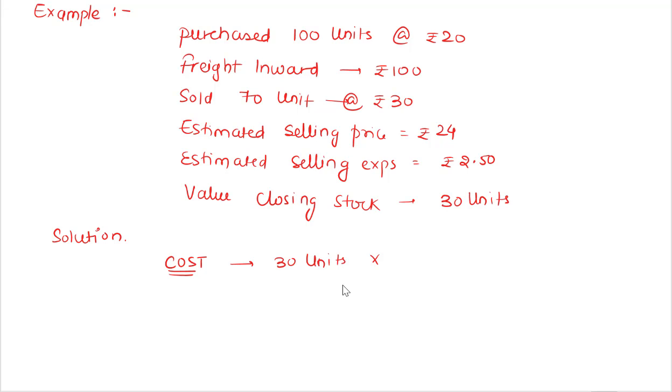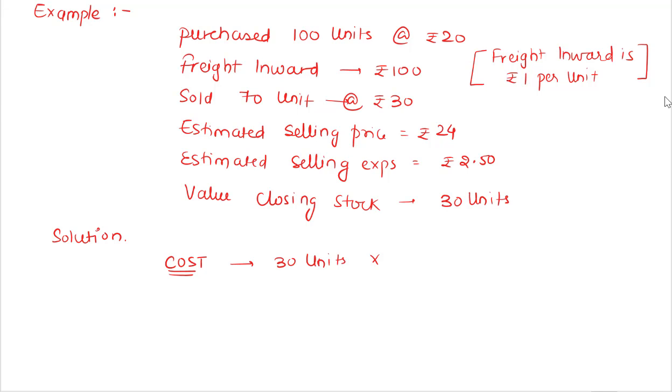What would be the value of it? How will we value it? As you can see over here, for 100 units, the value is rupee 20, and for 100 units, the freight inward is rupee 100. That means freight inward is rupee 1 per unit. What is the value of closing stock?